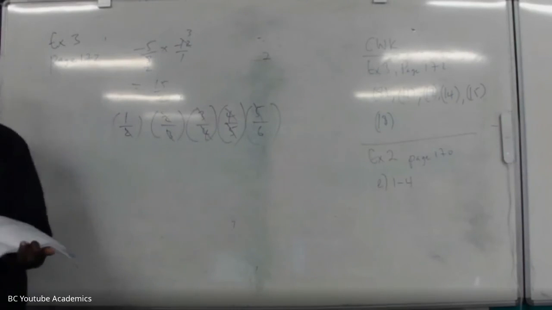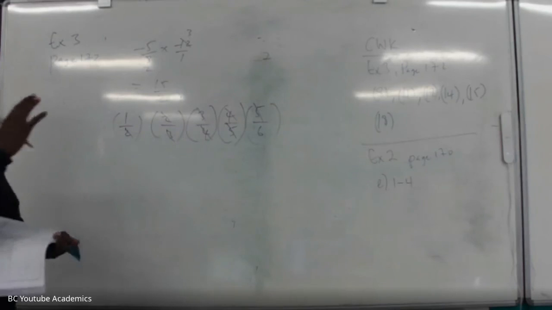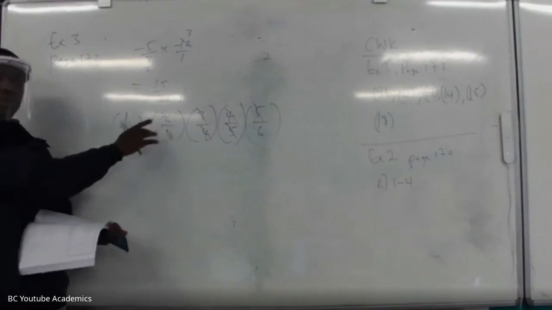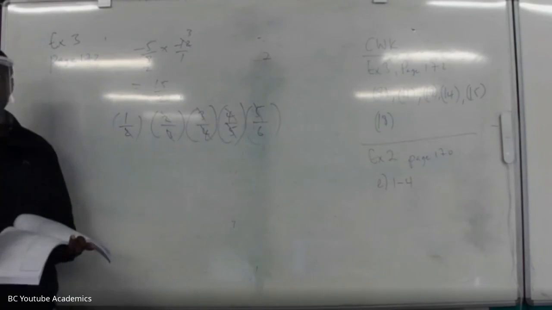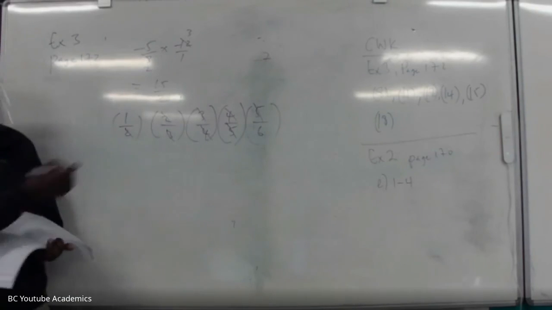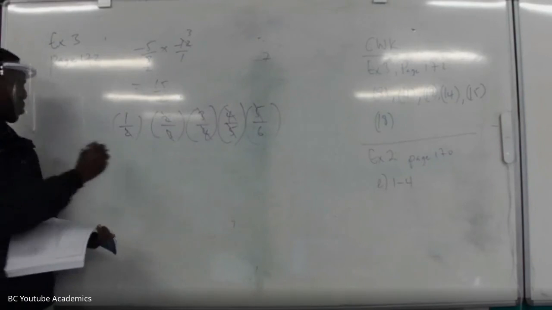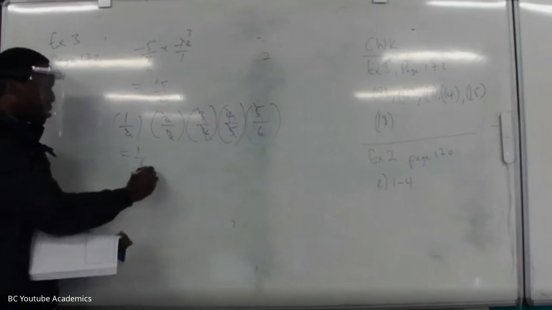Remember, once you close something out, you can't involve it in any further calculations. So 3 into 3 becomes 1. At the top you're left with 1, at the bottom you're left with 6. So your answer is 1 over 6.